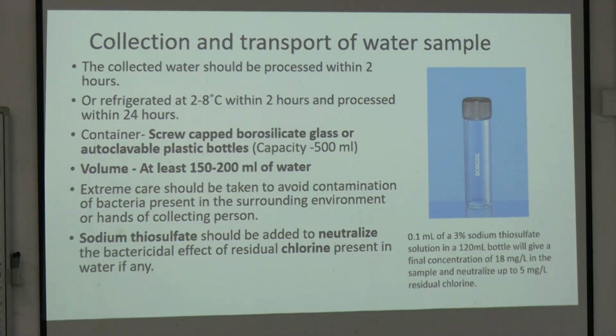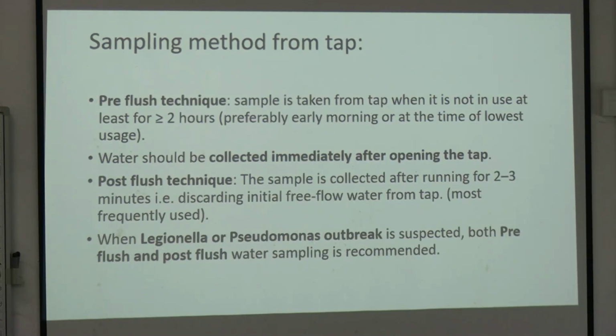After the collection, the sample should be sent to the lab as soon as possible within an hour, and then it should be processed immediately. At least 150 to 200 ml of water is recommended, but generally we sometimes take less also. So that's not a fixed thing that you have to do.